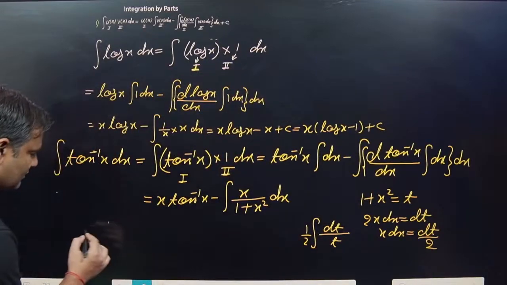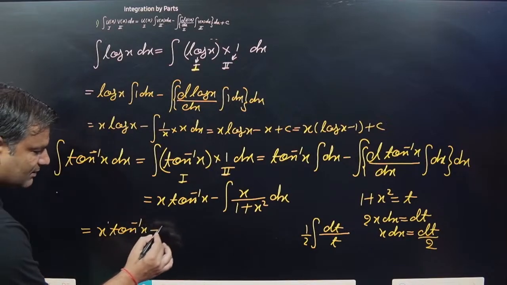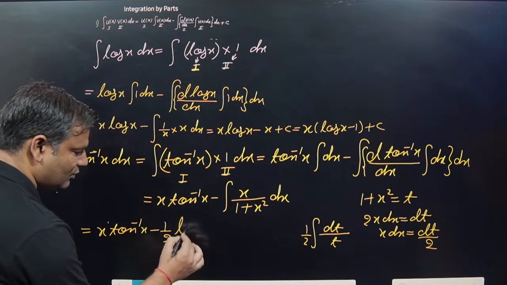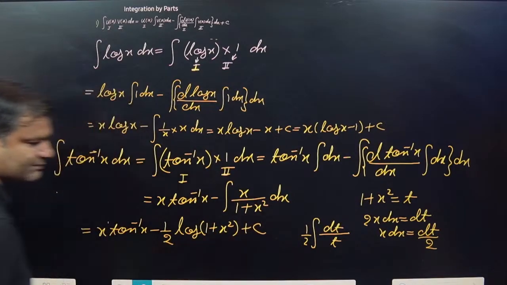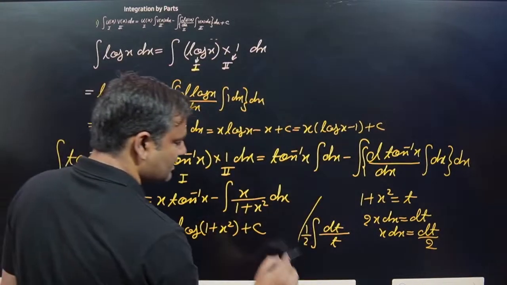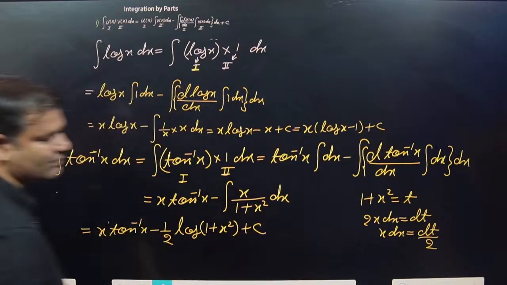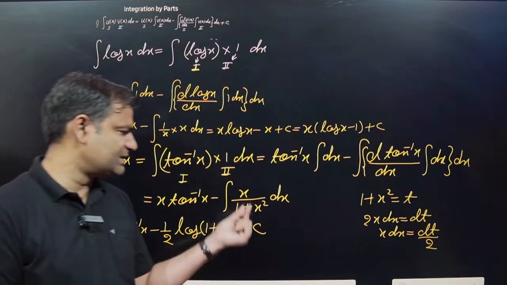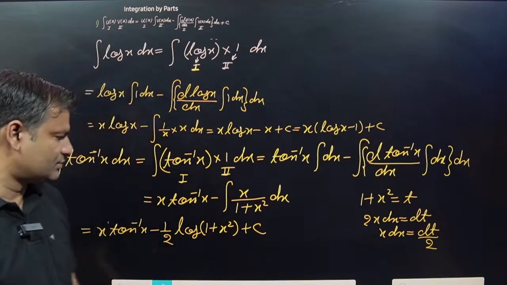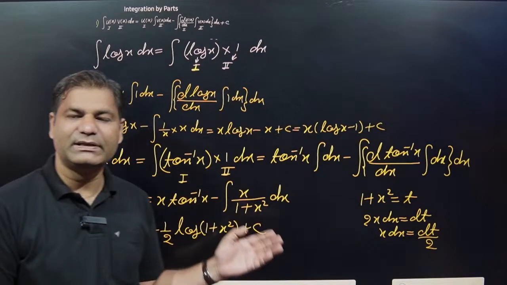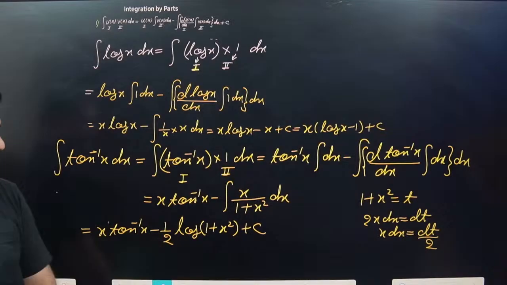So x into tan inverse x minus half into log of 1 plus x square plus c is the right answer. Clear or not? So log t means log of 1 plus x square plus c. I hope it is clear.